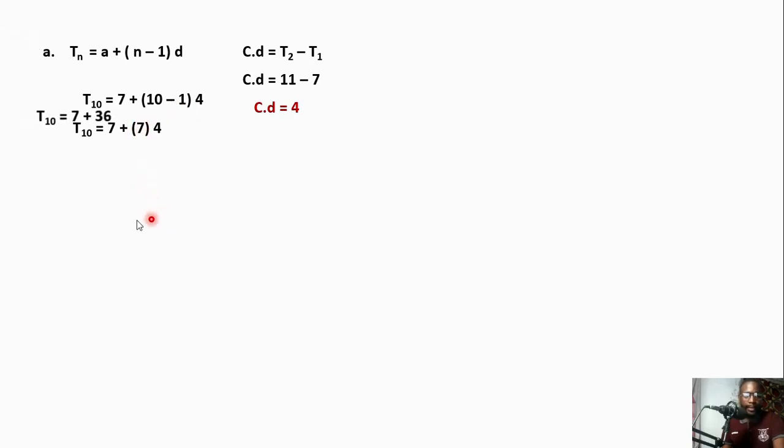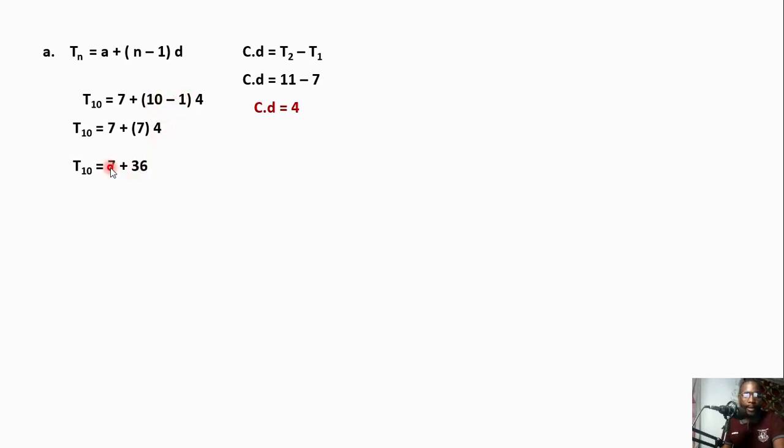All right, so the 10th term is equal to, when we multiply 4 times 9, you agree with me that 4 times 9 is 36. So 4 times the 9 which is supposed to be here, that is 36. So you first deal with what is in the brackets nicely.